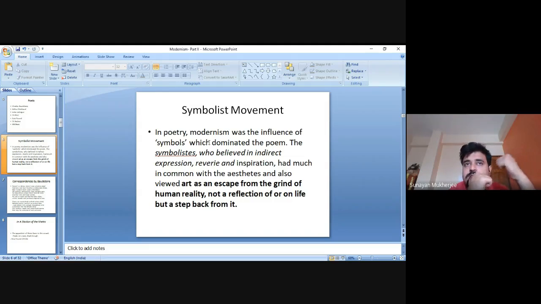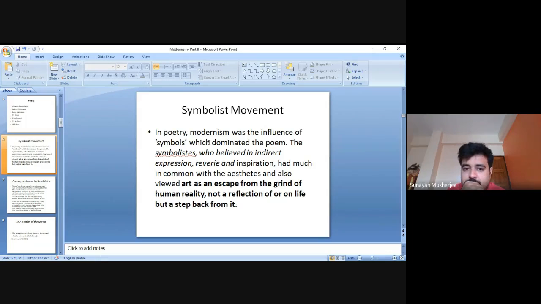So these are all symbols, and poetry suddenly shifted from being a medium or vehicle of expressing clear-cut ideas to a symbolist vehicle of conveying ideas.